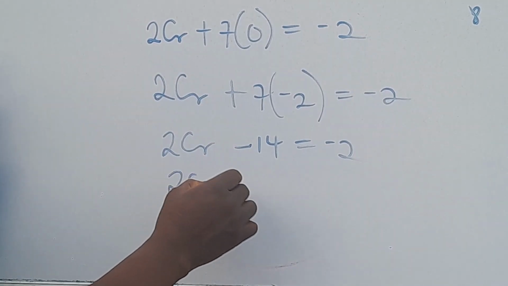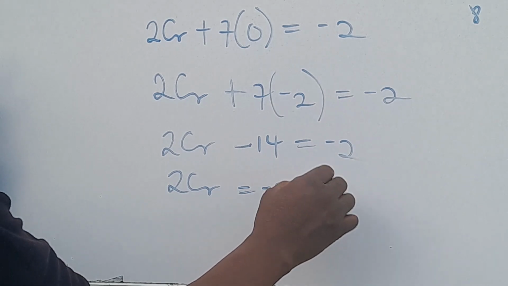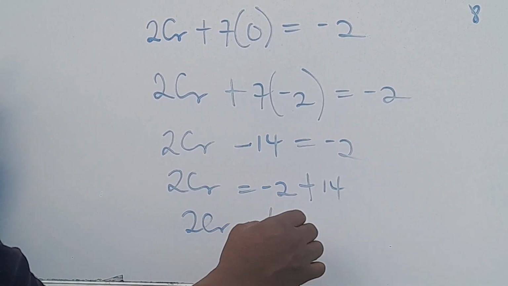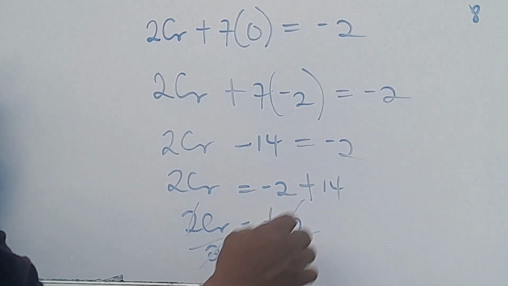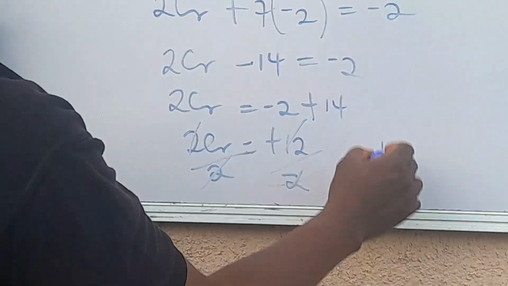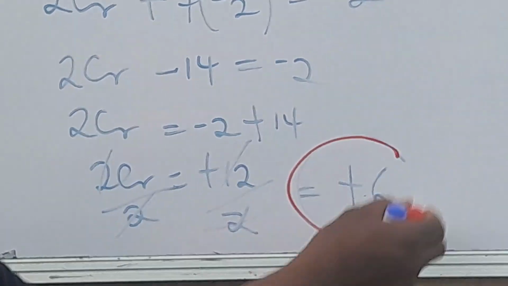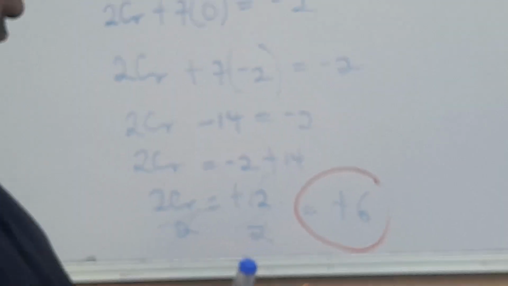So 2Cr equals minus 2 plus 14. 2Cr is equal to plus 12. Divide both sides by 2, you have your final answer to be what? Plus 6. So the oxidation state of chromium in this particular radical is plus 6.